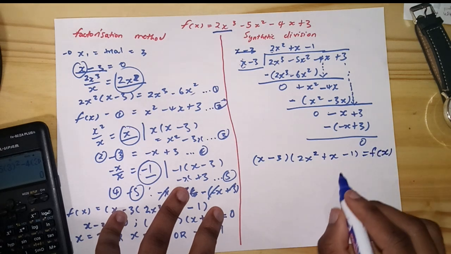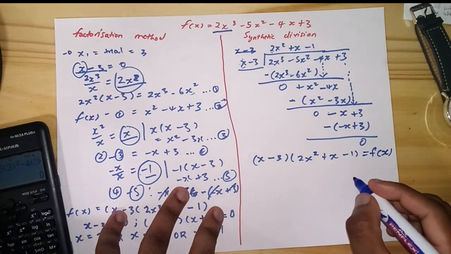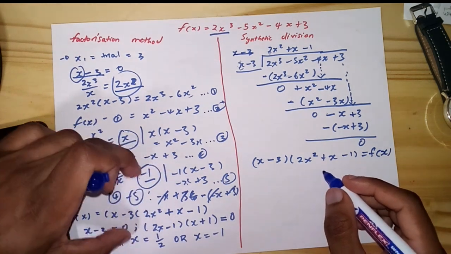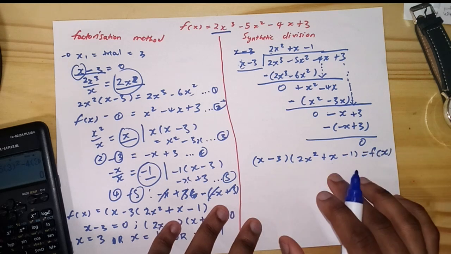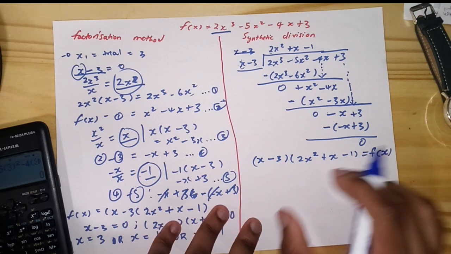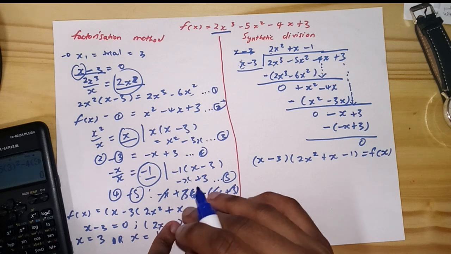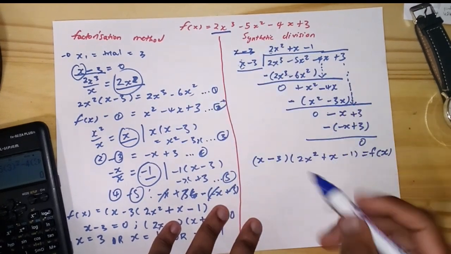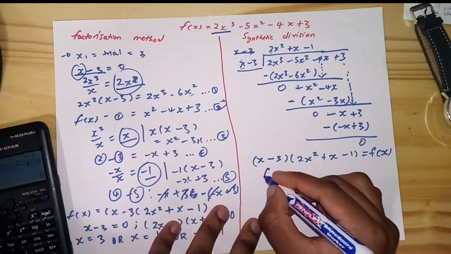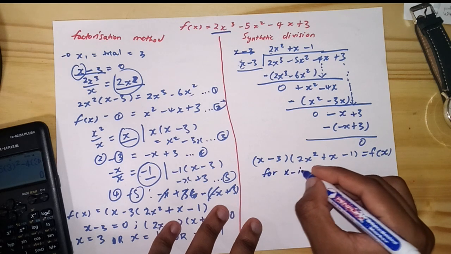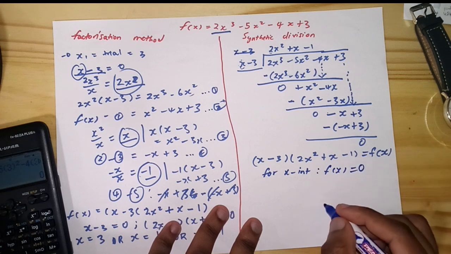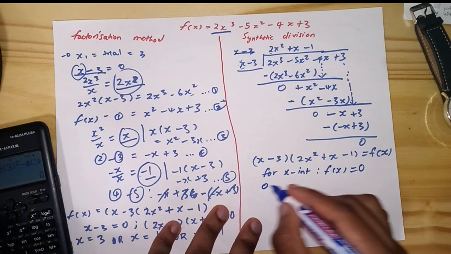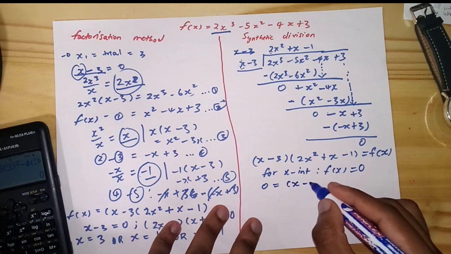Moving forward, this is a system that you would also use over here. Since you're trying to find the x-intercept for this particular expression, the x-intercept is where f of x is equal to 0, right? So you would say 0 is equal to x minus 3.